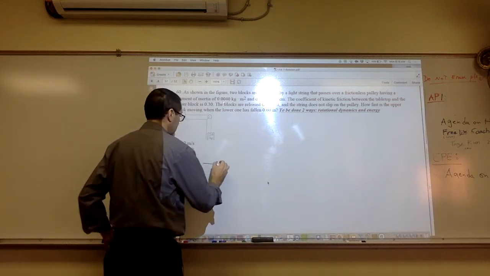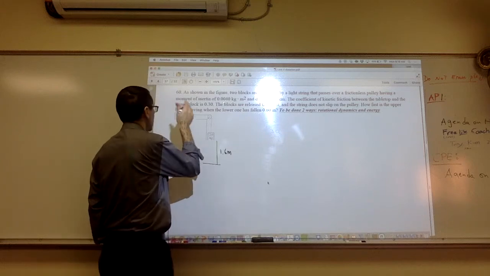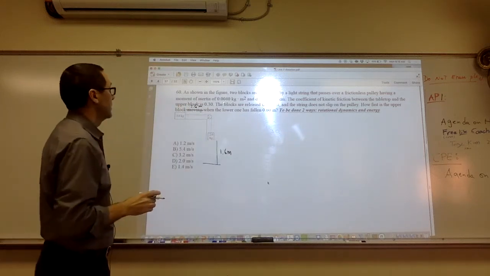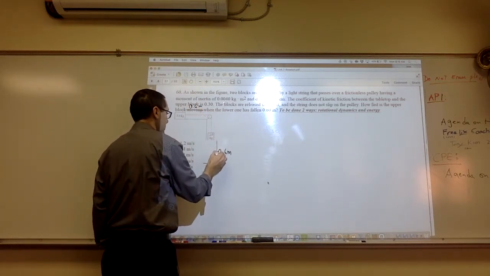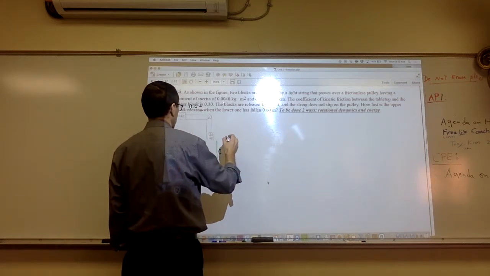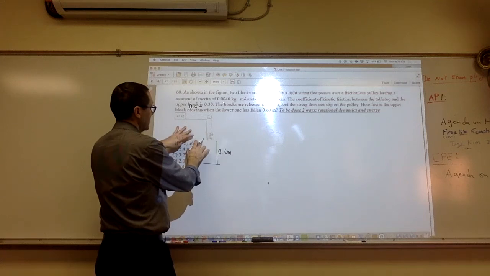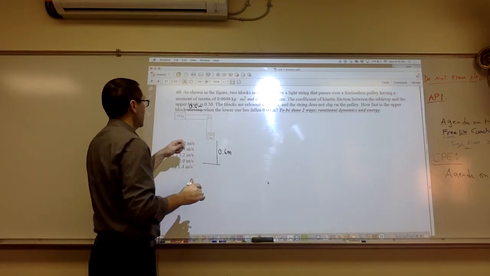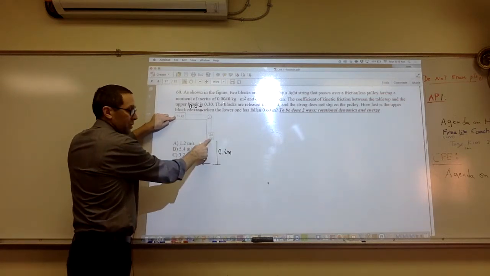Now let's just say this is 1.6 meters above the ground, and this one here is going to travel 1.6 meters. I'm sorry, not 0.6, 1.6. Okay. So let's do energy. I think initially when you first start, we have, this has potential energy, and this one has also potential energy.